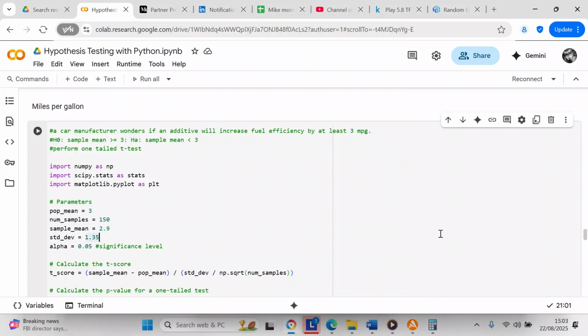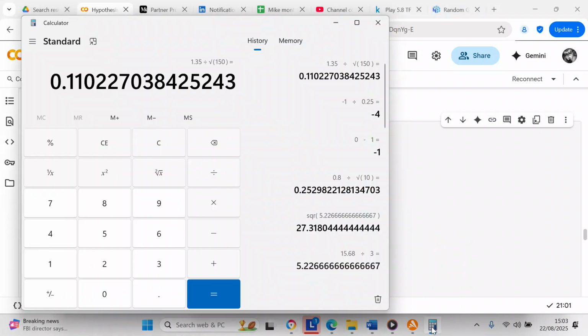And then the sample mean, 2.9 minus 3, is negative 0.1. So we take 0.1 divided by 0.110227.